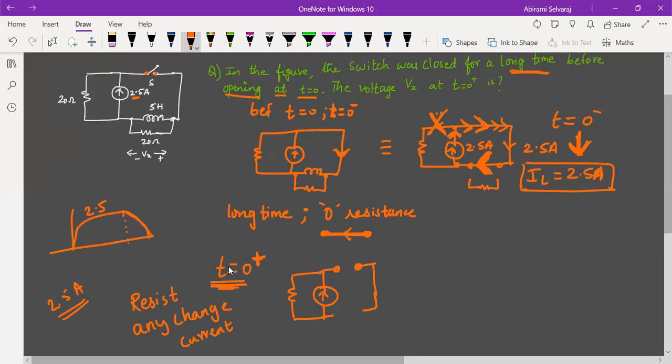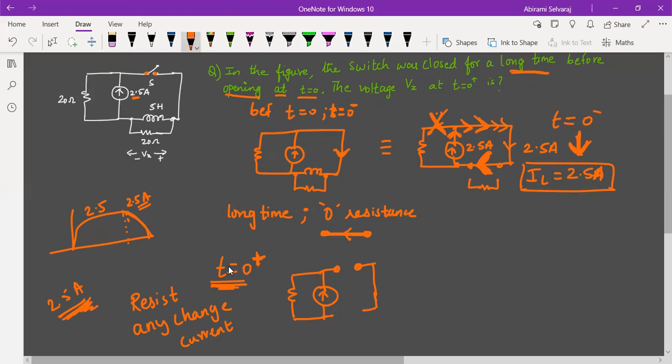That means at t equal to 0 minus, the point is somewhere here, so it is approximately 2.5 amperes only. That is the inductor property, which we are already aware of, a prerequisite of this course. Anyway, I'm revising that. So what is the current through the inductor right now?